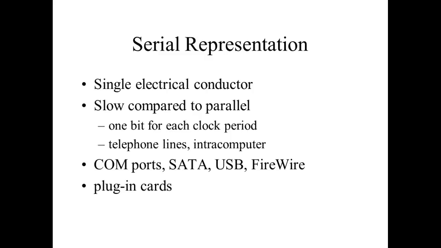So if I'm sending 1,000 bits of data serially, I'm sending them one after the other. Parallel means every bit has its own wire, its own conductor. Every bit has at least one conductor, usually two. We'll talk about that in a minute.